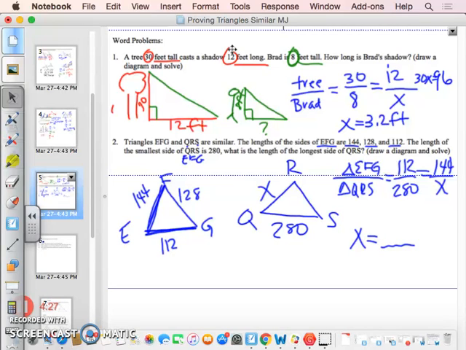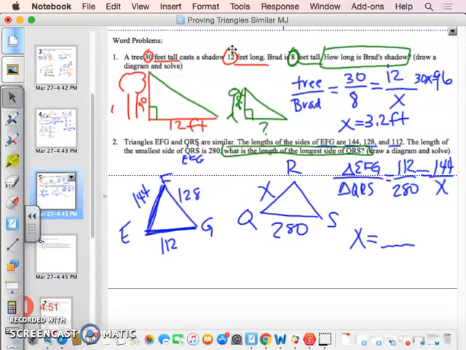Next, what did you notice about both of these drawings? First of all, I had my question. My question in this problem was how long is Brad's shadow? And my question in this one is what is the length of the longest side? This is what you're going to need for your poster. I have a picture drawn for both of them.